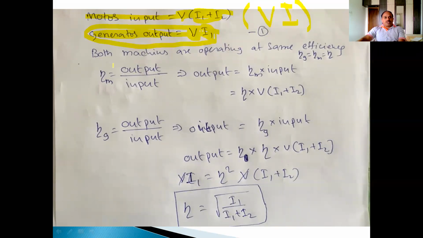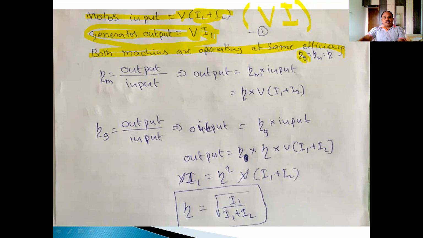Assume one small assumption: both machines are operating at the same efficiency. For calculating the constant losses, that is the stray losses, we first assume both machines operate at the same efficiency.